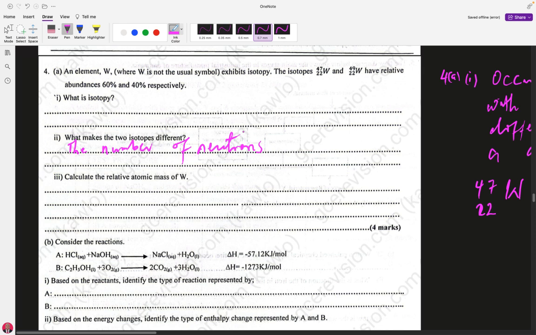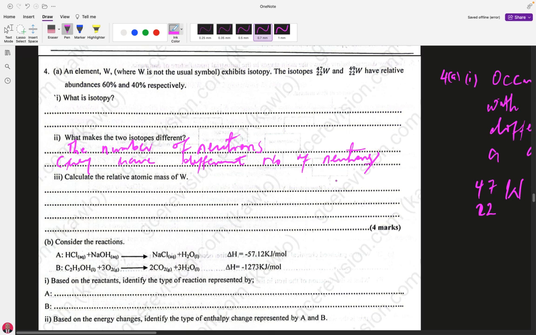That is, they have different numbers of neutrons. So the number of neutrons is the one that is causing all this.